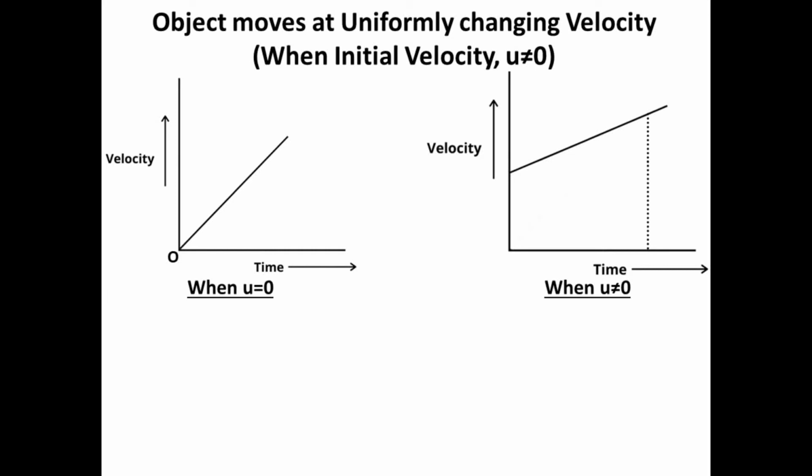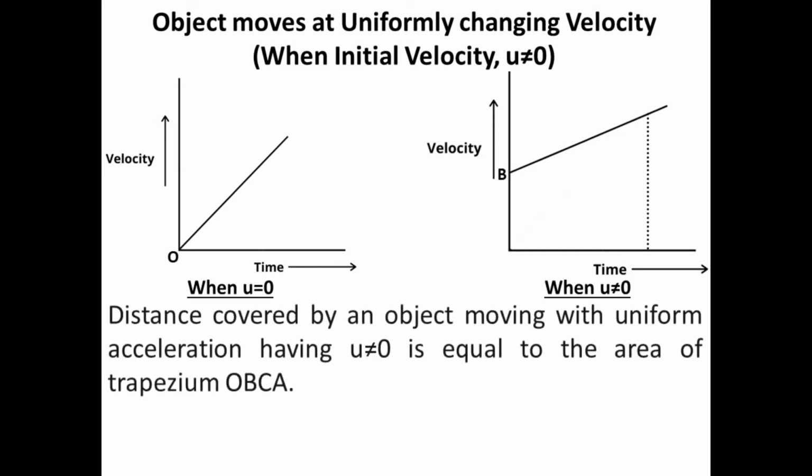In this graph, point B corresponds to initial velocity. Thus, the distance covered by an object moving with uniform acceleration having initial velocity not equal to 0 is equal to the area of trapezium OBCA.